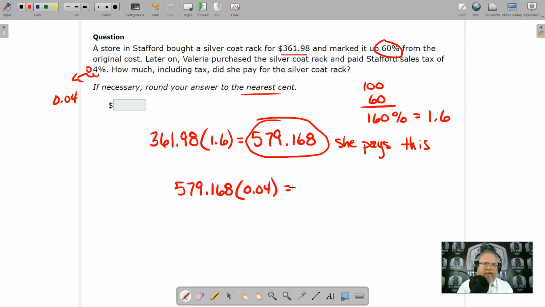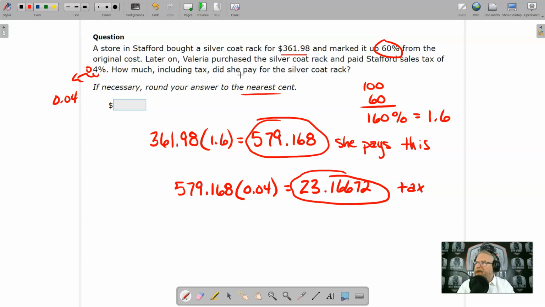I already had the 579.168 in my calculator, so I'm going to just put times 0.04, and that's going to give me an answer of 23.16672. All these decimals I'm going to leave on here because it might make a difference. So this is the tax.